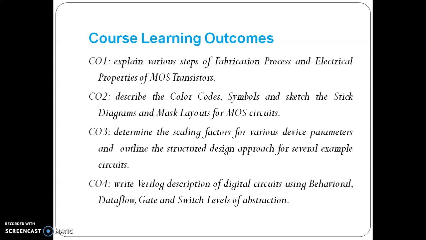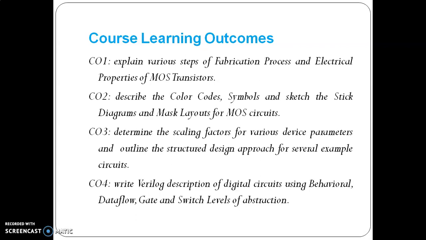These are the course learning outcomes. The first outcome, once we learn this course, is that you will be able to explain the various steps of the fabrication process and electrical properties of MOS transistors. The students on the completion of the second unit will be able to describe the color codes, symbols, and sketch the stick diagrams and MOS layouts of the MOS circuits.